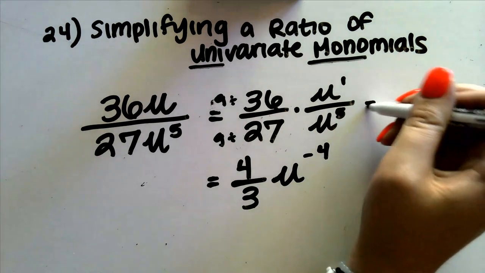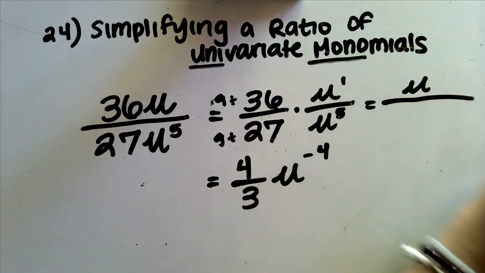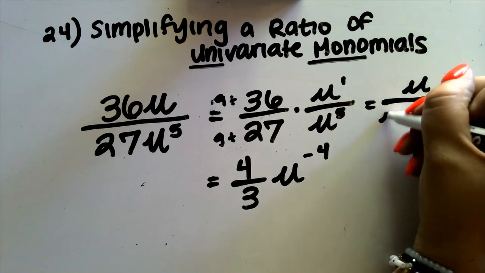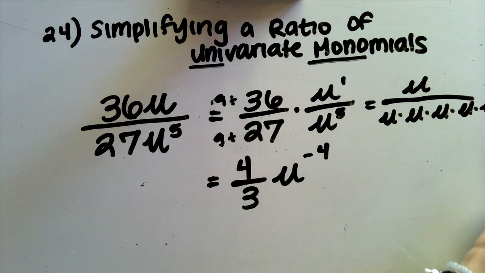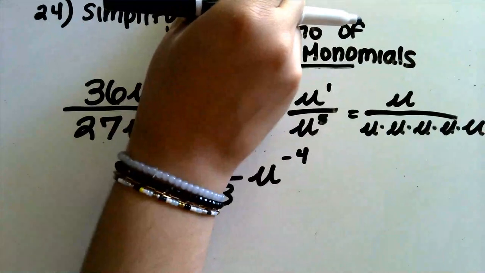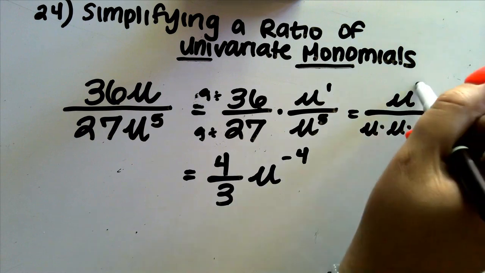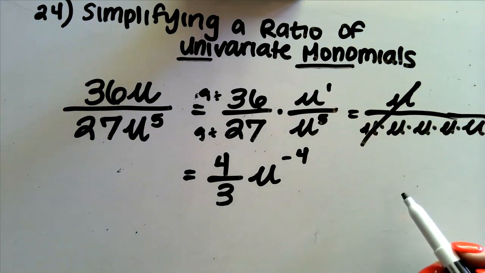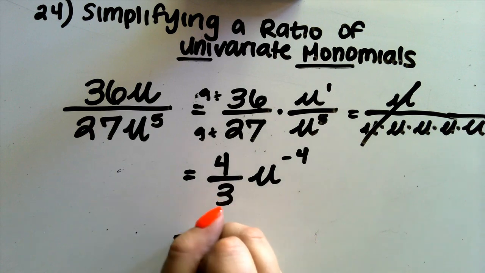Now, if I want to talk about expanding this out, let's just, again, get some practice in. A single u over u times u times u times u times u. We've got 5 u's. We're going to cross out the one, and we are left over with 4 u's in the denominator.